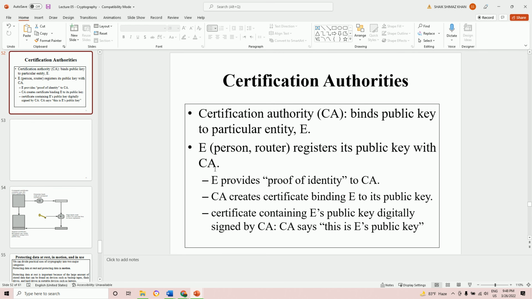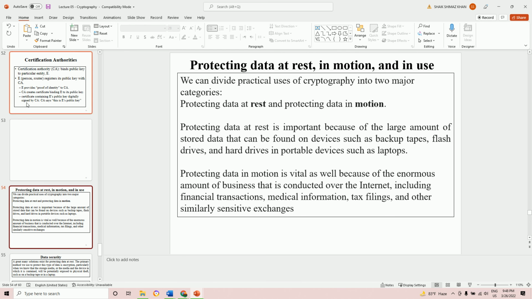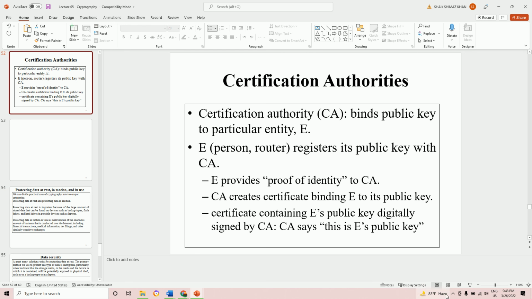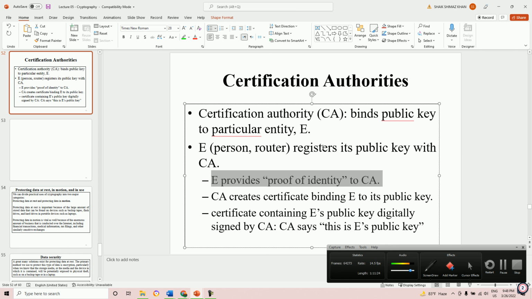But now let's discuss what is in your theory. I don't want to confuse you. The entity provides identity to the certificate authority.